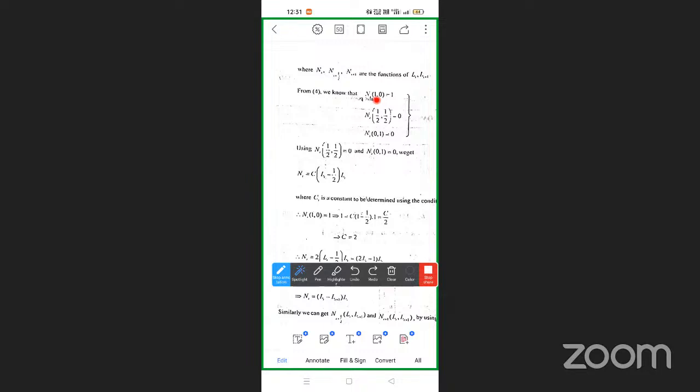Remaining all are, so this is 0, printing mistake. Here 0, here 1. So Ni of 0, 1 is equals to 0. i not equals j case 0. Remaining all cases 1.